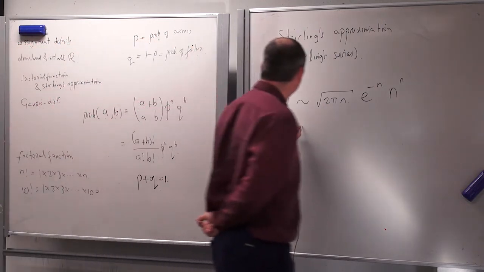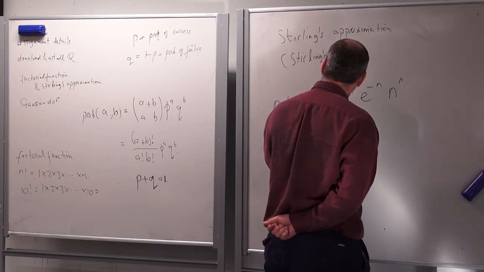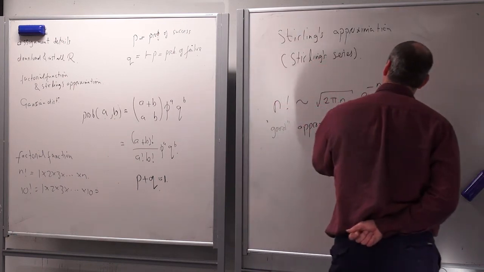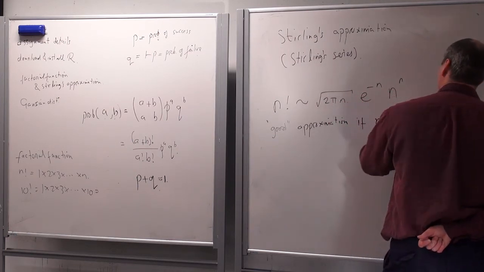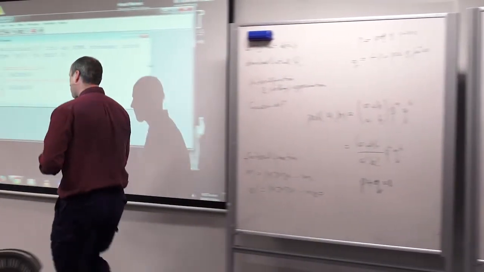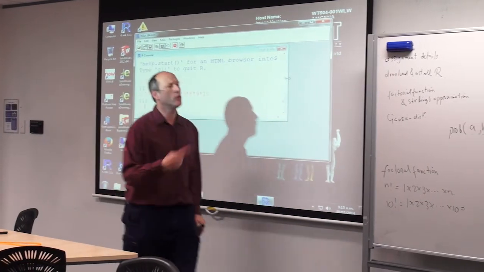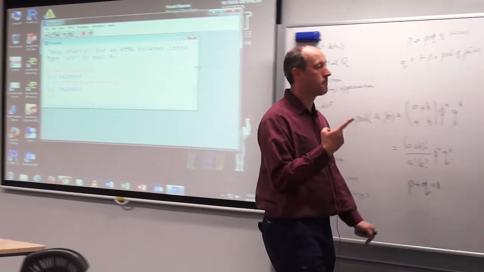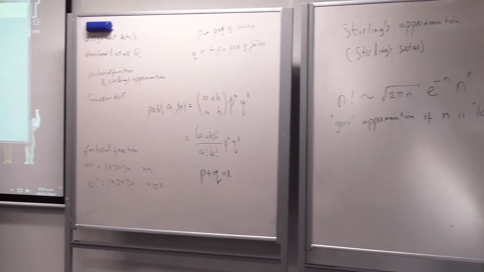It's a good approximation if n is large. And again, that's in scare quotes because I'm not really defining what large is. You will have to know Stirling's approximation, and you will have to reproduce it in your final exam. You will have to know that, and there's no argument about it.